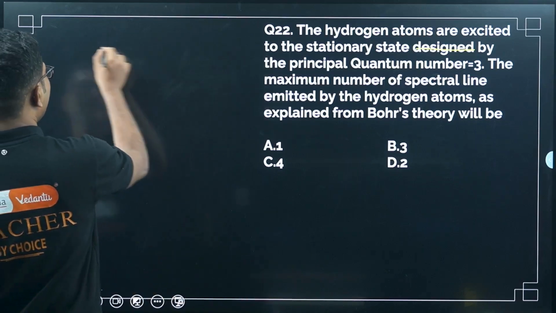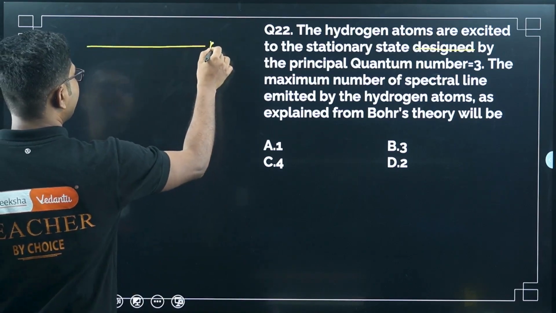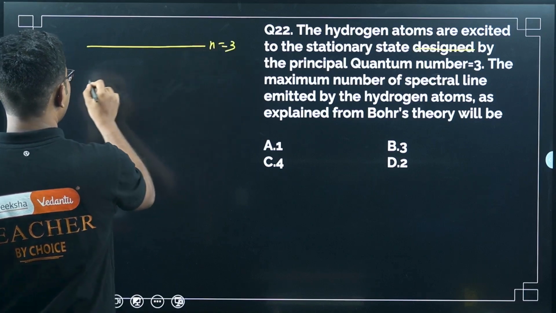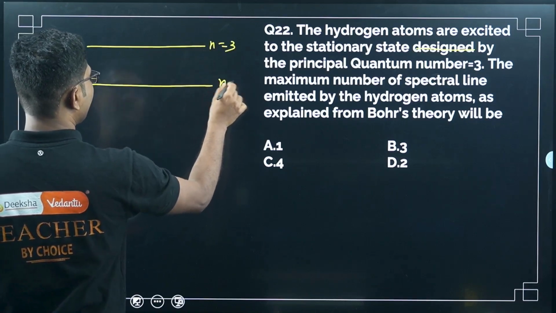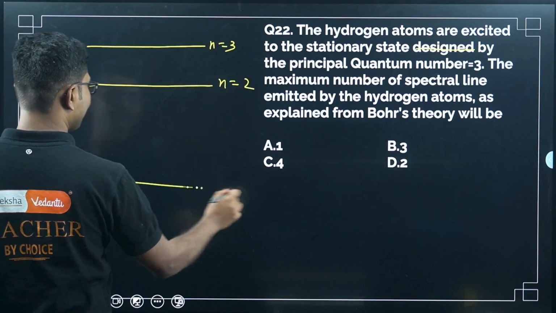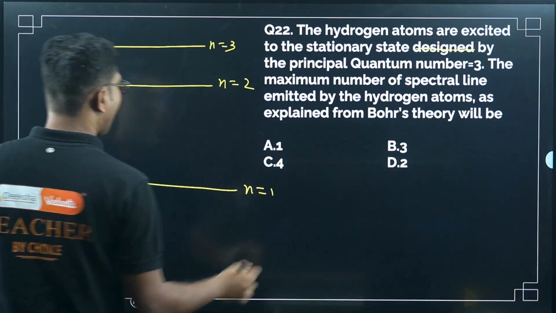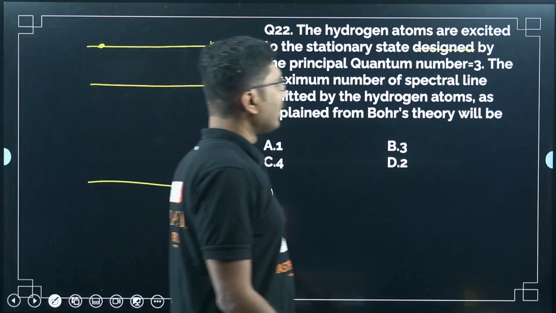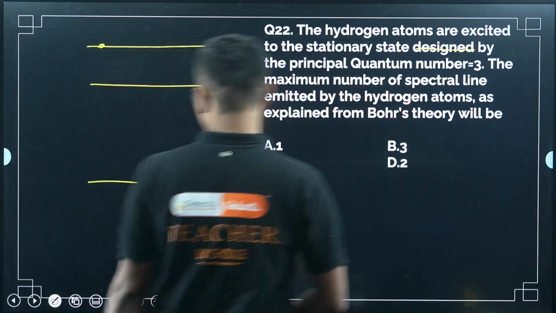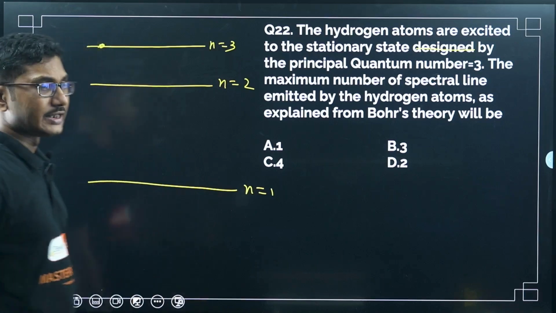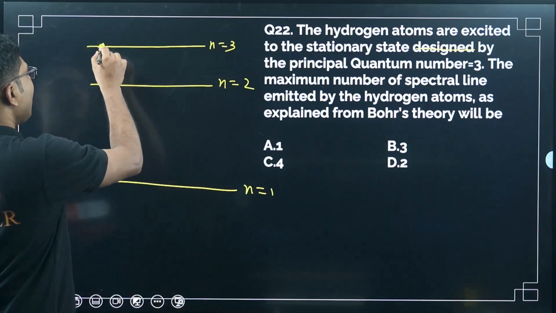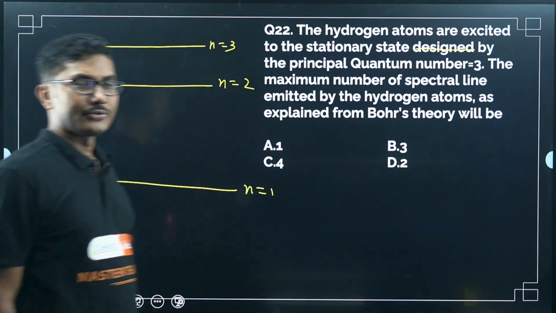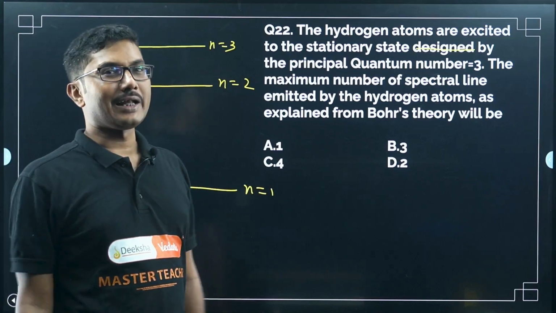So we have n equals 3, then n equals 2, and ground state n equals 1. Now you have excited one electron to n equals 3 state.